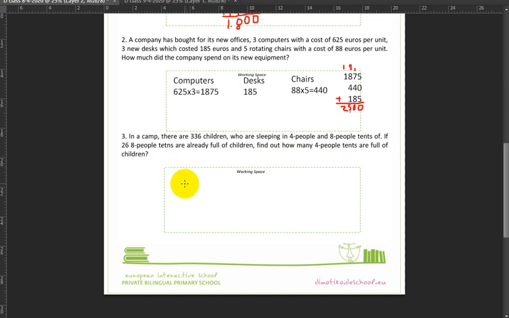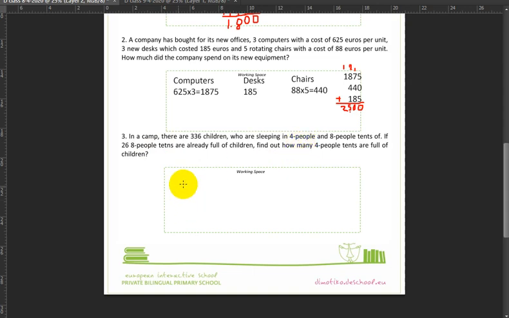Okay, so basically we have 336 kids, and they're separated into big tents that can fit 8 people and small tents that can fit 4 people. And we know that there are 26 big tents that can fit 8 people, right? And we want to figure out how many small tents there are, given that there are no children left over.